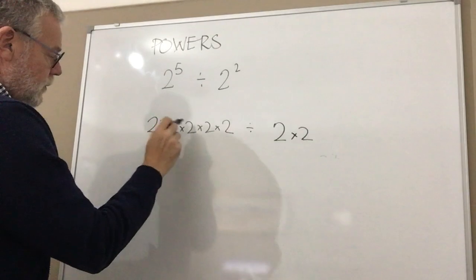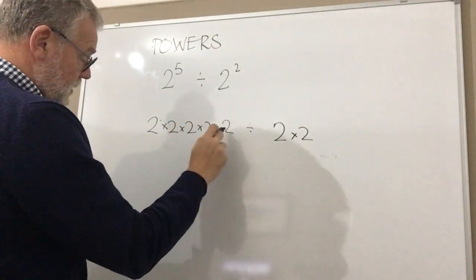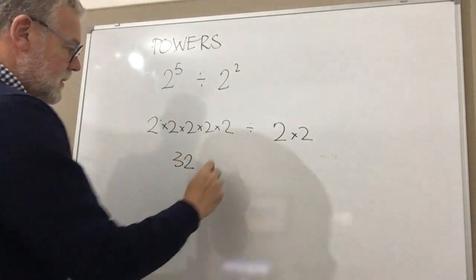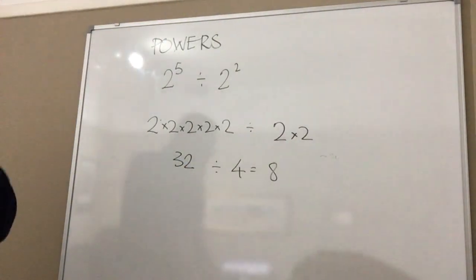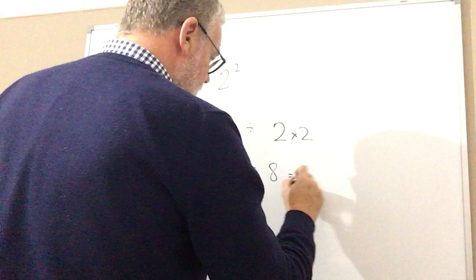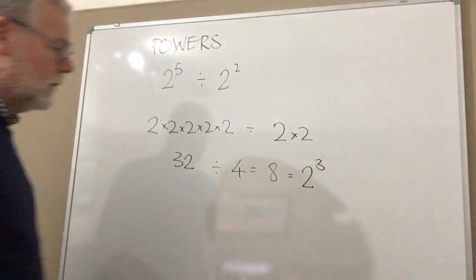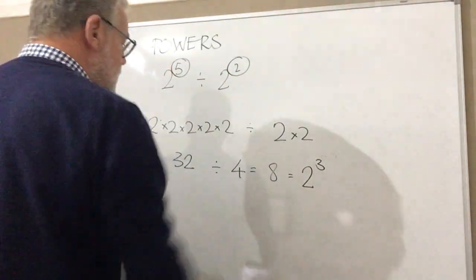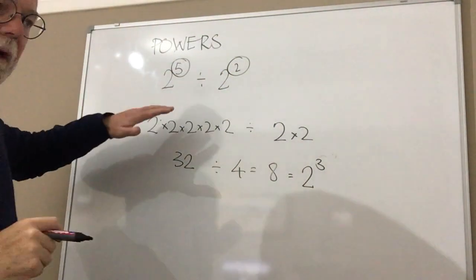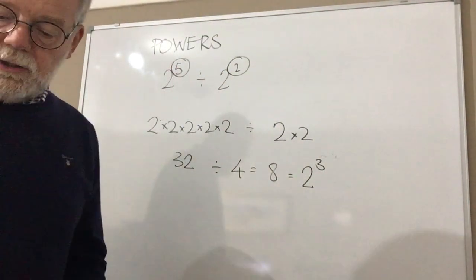So 2 2s are 4, 2 4s are 8, 2 8s are 16, 2 16s are 32. So that's 32 divided by 4. The answer is 8, and we know that 8 is the same as 2 to the power of 3. Now that proves the point that when we are dividing powers, we simply subtract them.